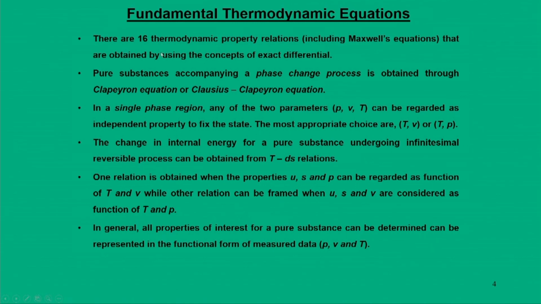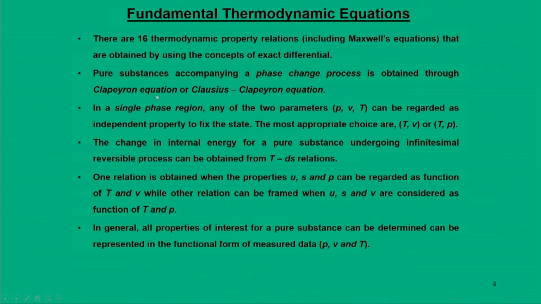So, till this point of time we know that classical mathematical concepts have been used to obtain 16 thermodynamic property relations, that include Maxwell equations, and all these equations use the concept of exact differentials. Then we applied these equations to pure substances that undergo phase change processes.